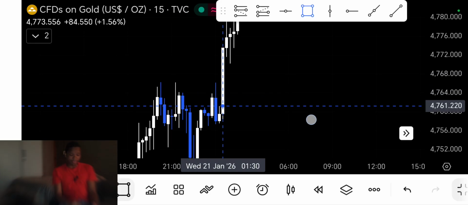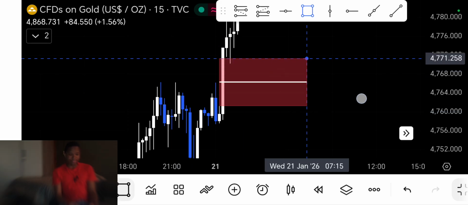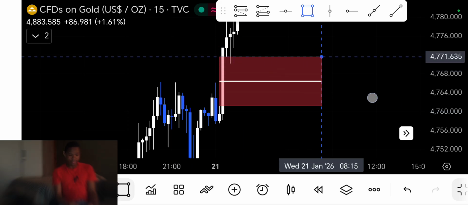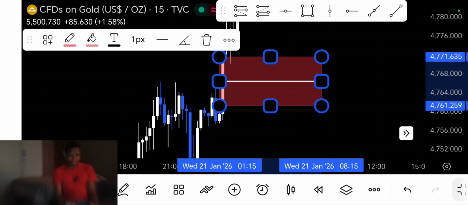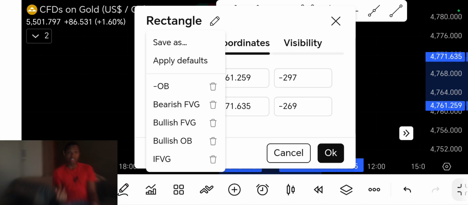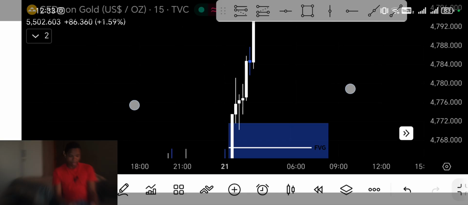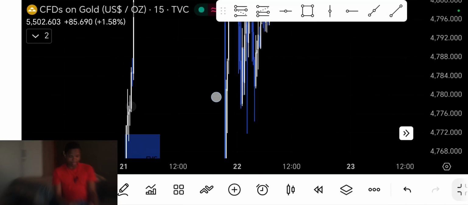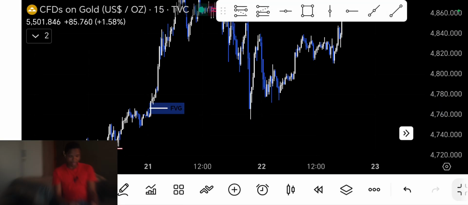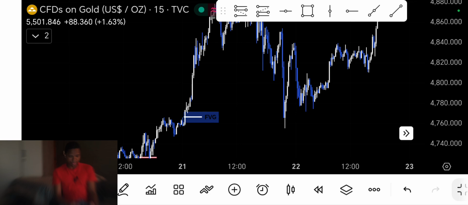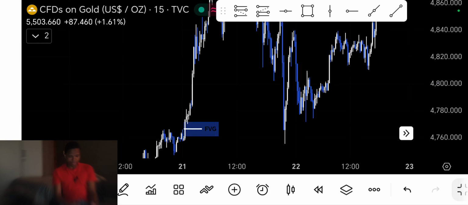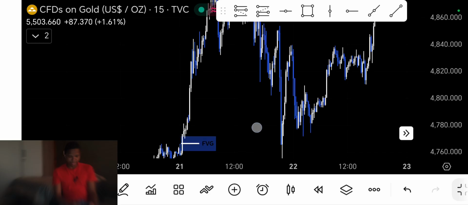Here's another one right here. Price came into it, tapped right into it. That small tap, bro. That small tap caused such a big move to the upside. This is why I'm saying all fair value gaps matter, man. Look at that. If you took a buy right there, just off the fair value gap being tapped into, which is recommended, obviously.